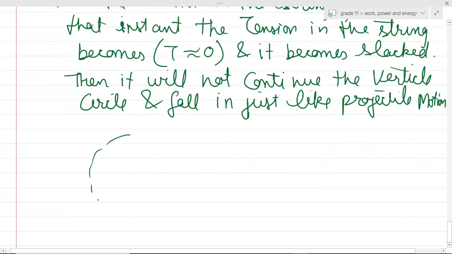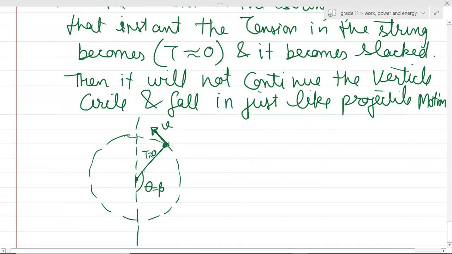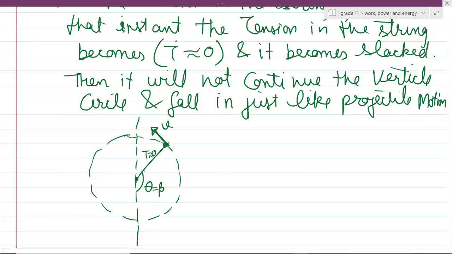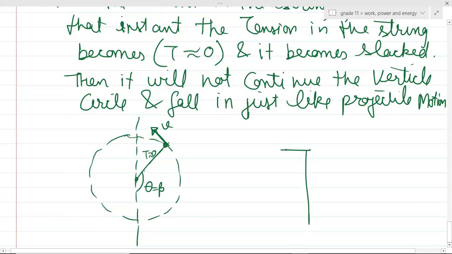So if I draw this circle again, let's say at an angle theta equal to beta, the tension in the string becomes zero. At this instant, whatever the velocity of the object, it doesn't go in a vertical circle anymore. It is just like when you throw an object from a certain height at a certain angle and it goes in a projectile like this, right?